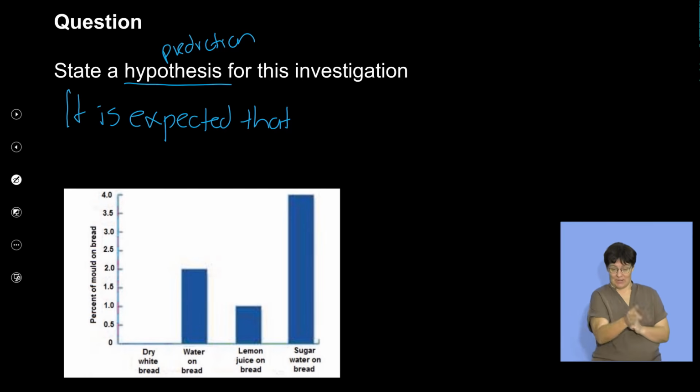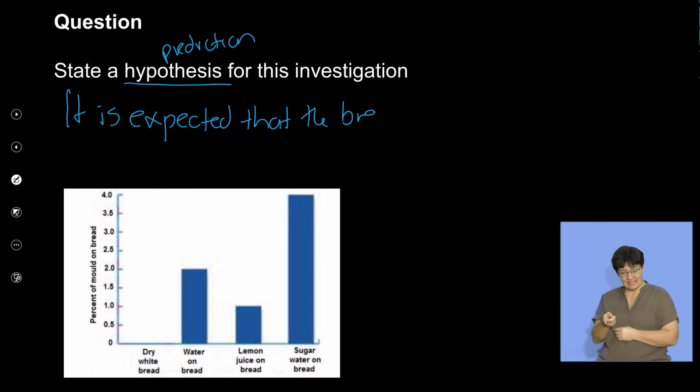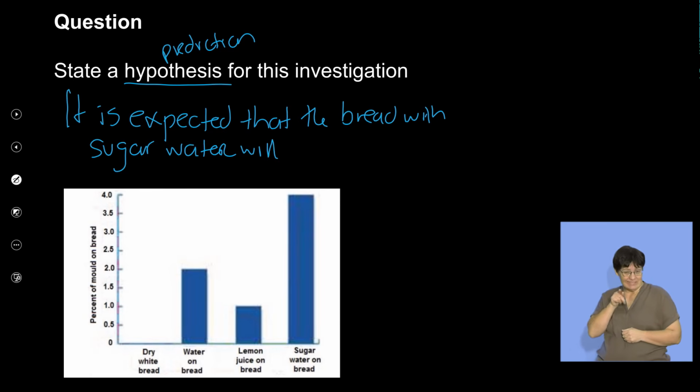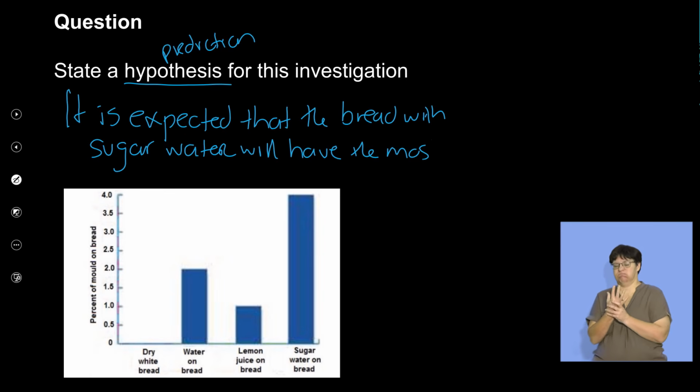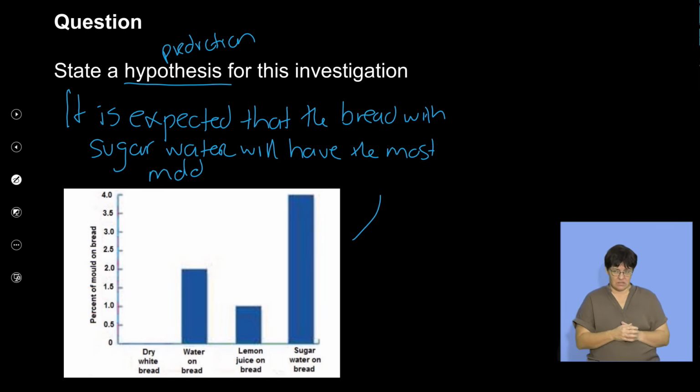Now, tell me, it is predicted that. Look at the information. The bread with sugar water will have the most mold. Look, I used my information, because what did it show me?